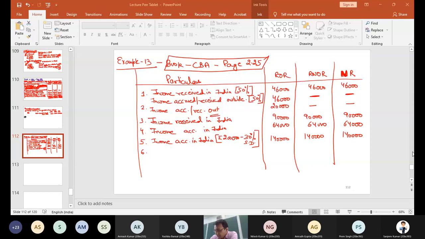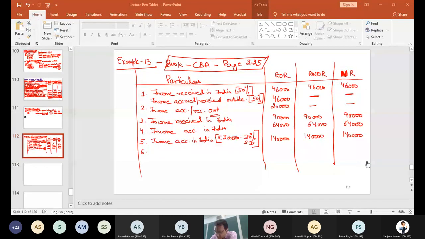Take your time and read point F. Income from profession set up in India, in USA, received there. Neha, can you explain point F?